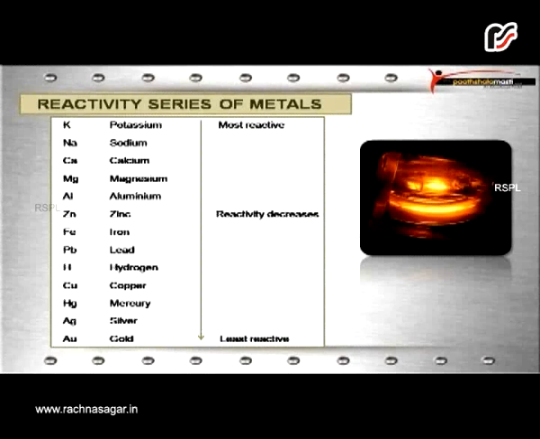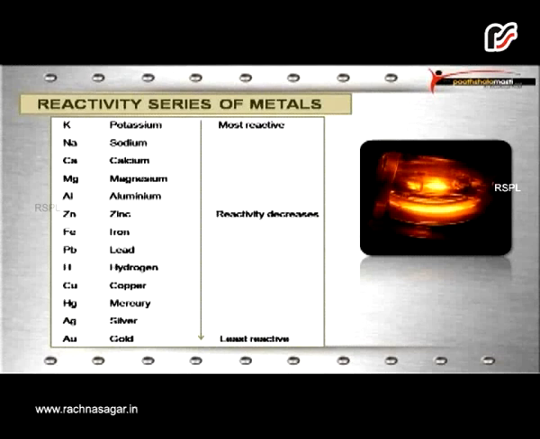Now, hydrogen is not a metal, but still it is included in the electrochemical series or reactivity series of metals because it can form positive ions. Copper, mercury, silver and gold are metals which are less reactive than hydrogen, therefore they are below hydrogen.